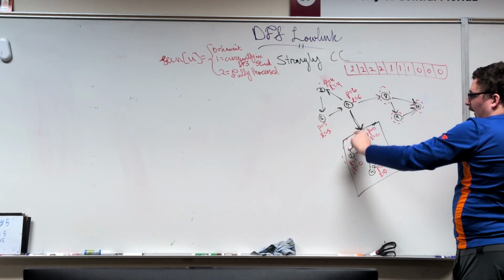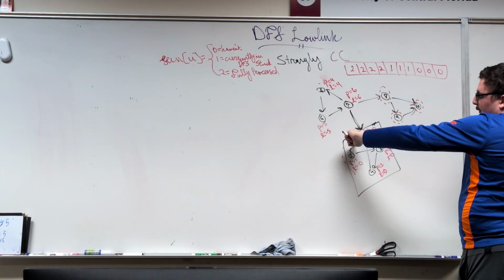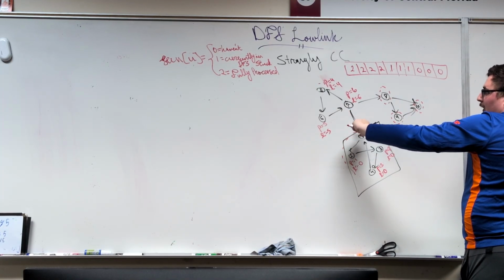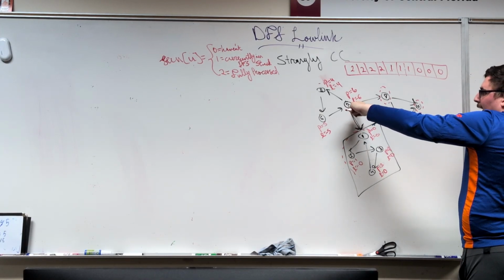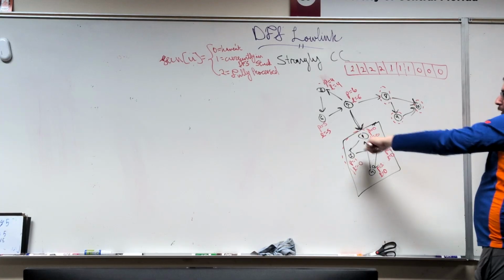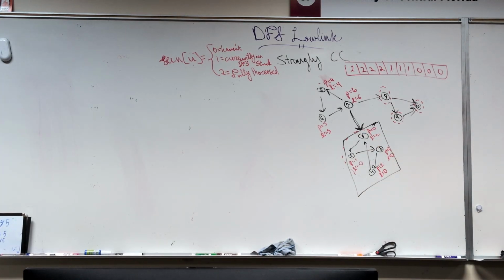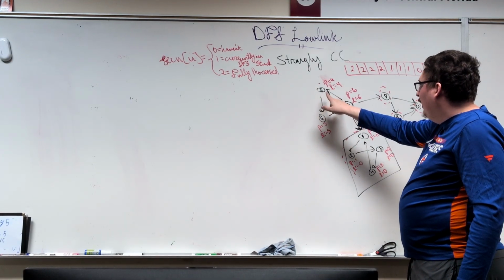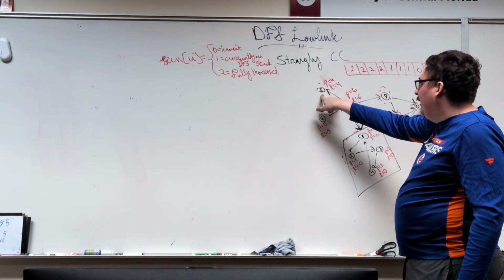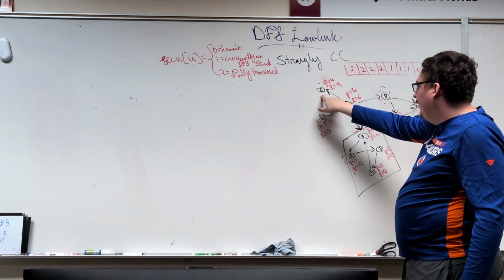But if we look at 1 now, 1 has been fully processed. So what we're going to say is that we do not want to update our low link if the edge we're considering brings us to a node who has already been fully processed. But 7 connects to 5. So this node connects 2 nodes that are currently in our DFS stack.